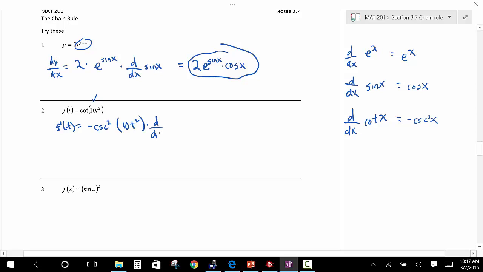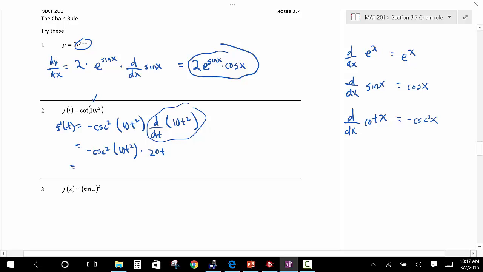You multiply by the derivative of that inside part of what that angle is. Okay, that's how you handle a derivative of a trig function using this rule then. Okay, so now what you would have is negative cosecant squared of 10t to the second. Okay, and then this derivative right here would be what? 20t, like that. That's your derivative.